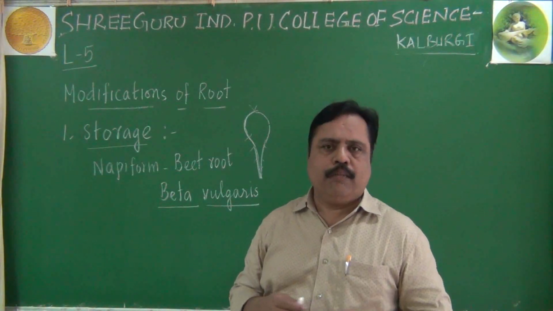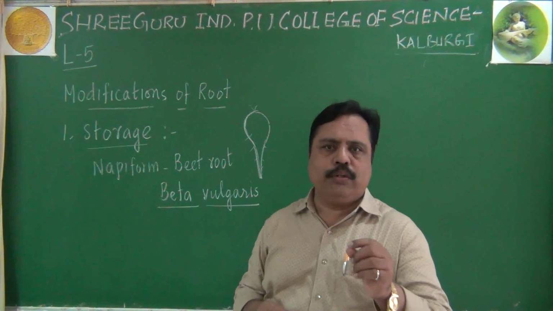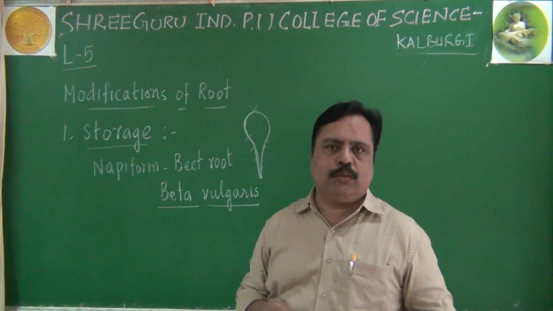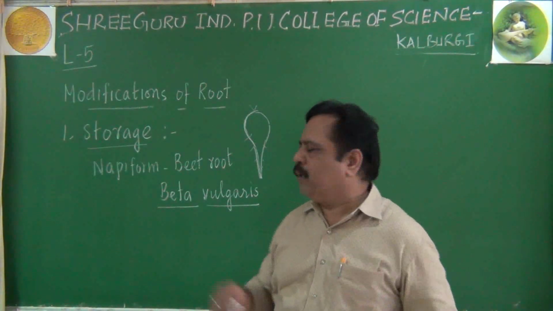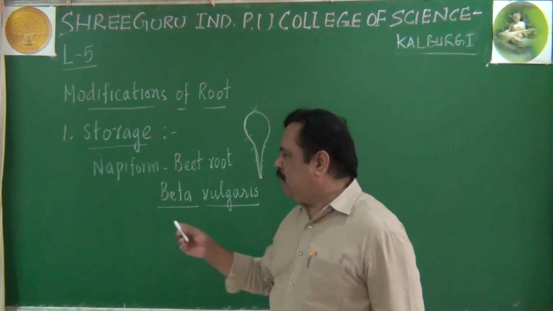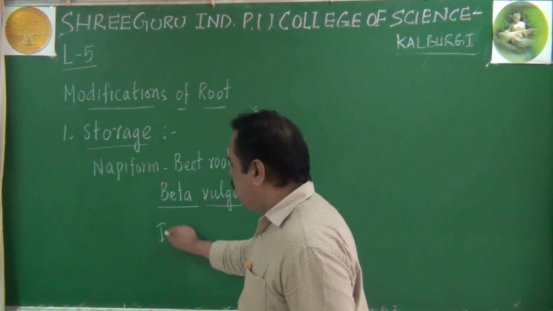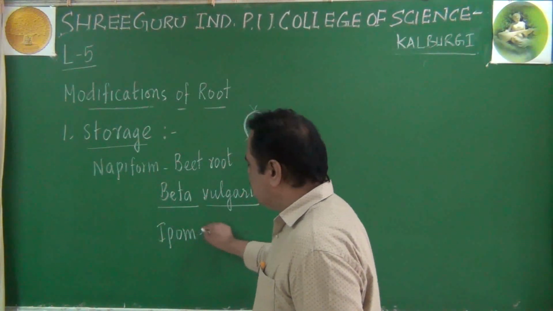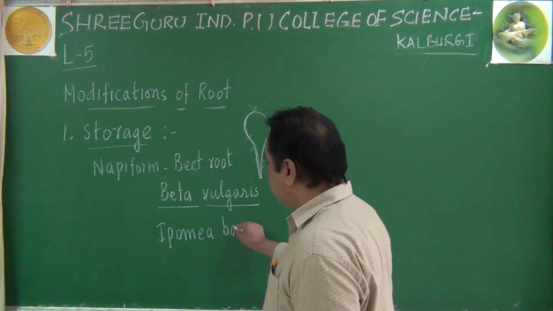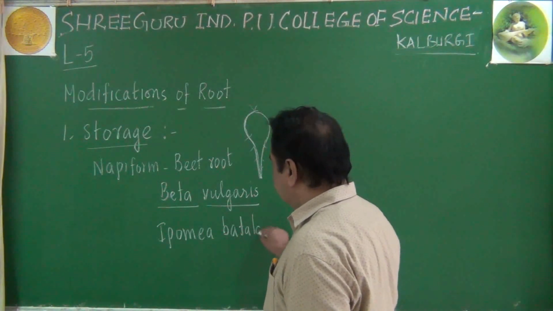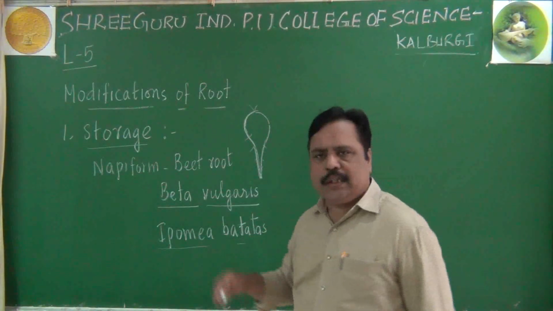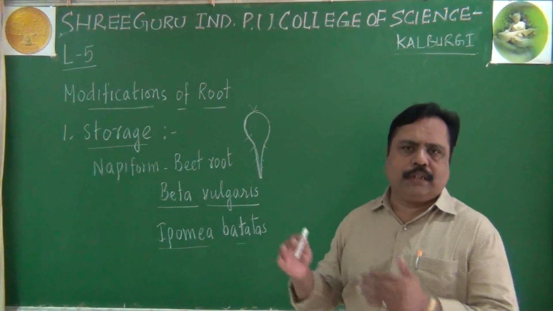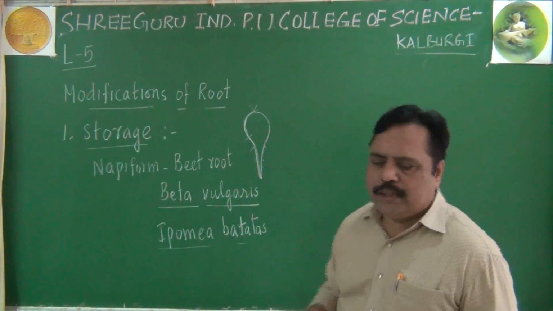For a root tuber, I told you the example sweet potato. Sweet potato is biologically called Ipomoea batatas. I will tell you the list of these modifications later. At the end of this part, we will study the various lists here.